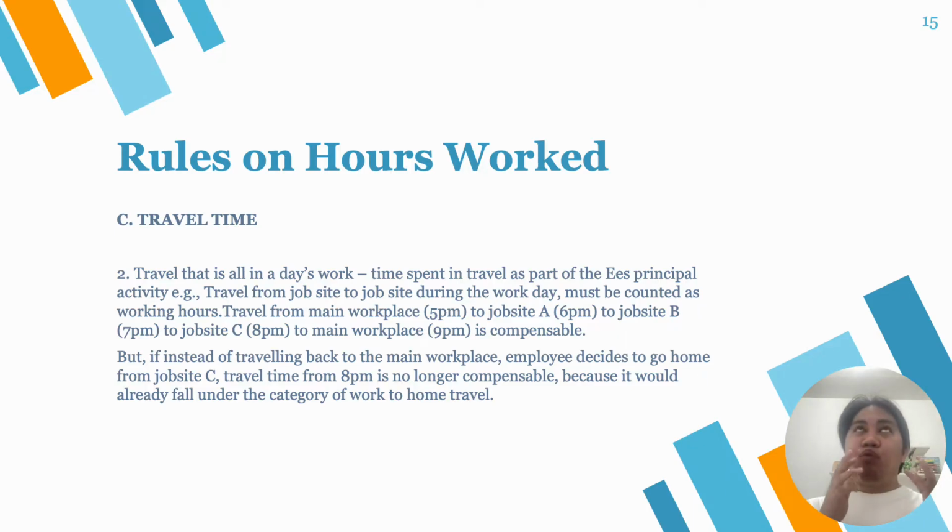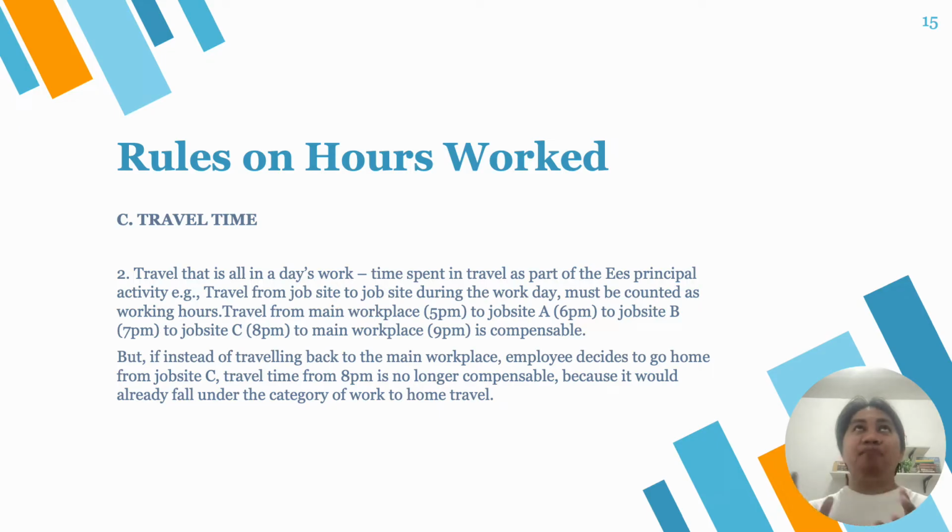So while traveling from home to the first workplace is not considered hours worked, not compensable, the moment the employee arrives at the first workplace and needs to transfer to another workplace, the hours spent transferring from one workplace to another would still constitute compensable hours.